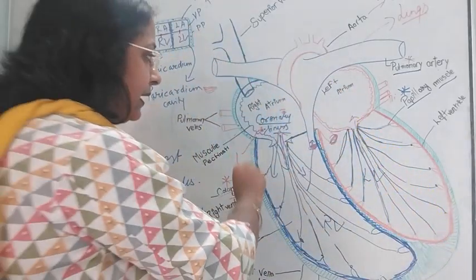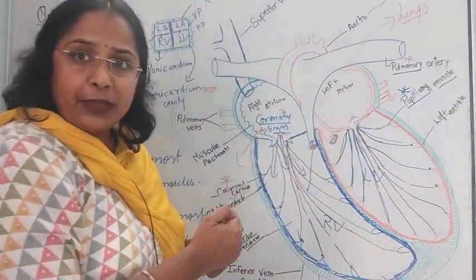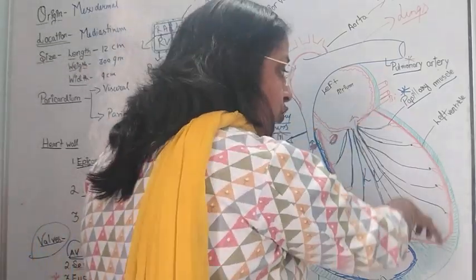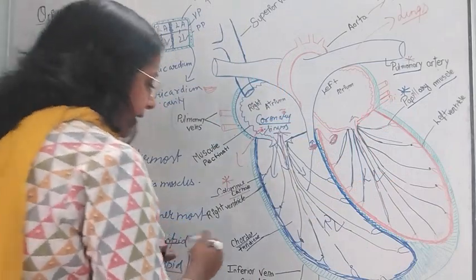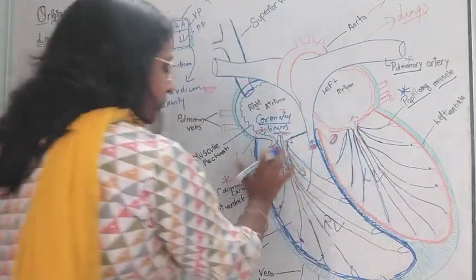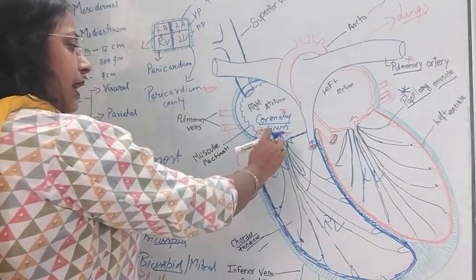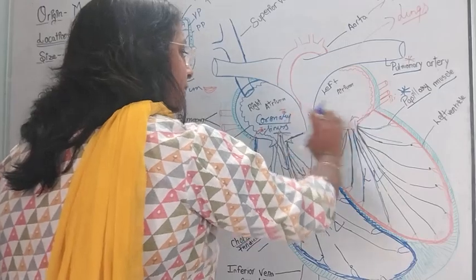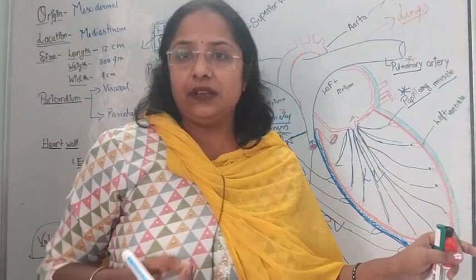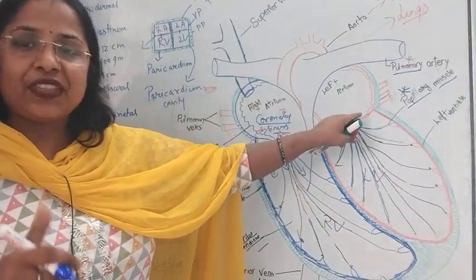So to fix these valves and stop them opening to the backward side, these thread-like, tendon-like strong structures are present. These are the chordae tendineae, which are associated with the ventricle walls and connected with the bicuspid and tricuspid valves. Okay, I think that covers the normal internal human heart structure, and thank you.